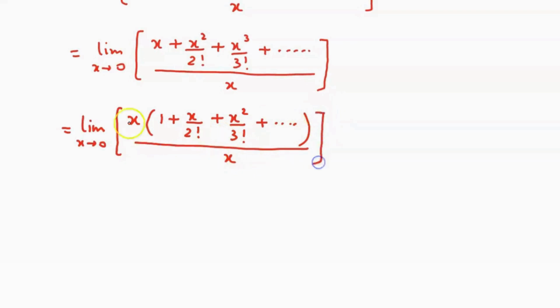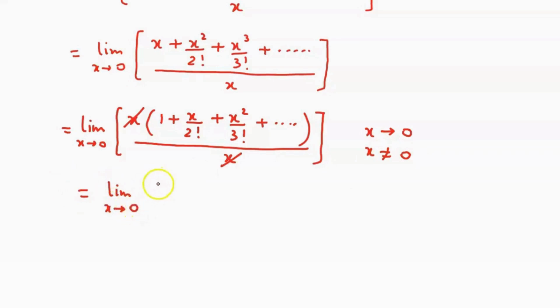Now we could simply cancel x in the numerator and x in the denominator. Reason being, x is approaching 0 and hence x is not equal to 0.